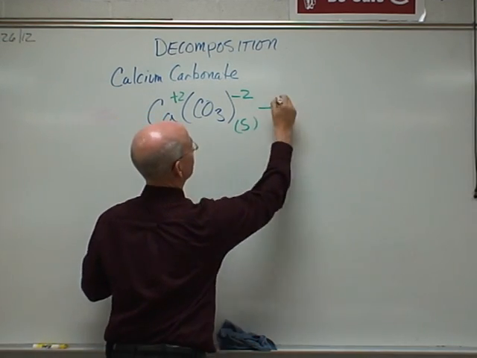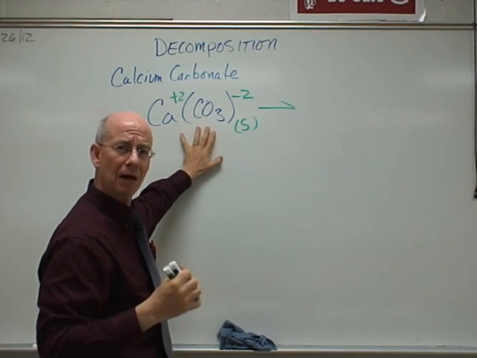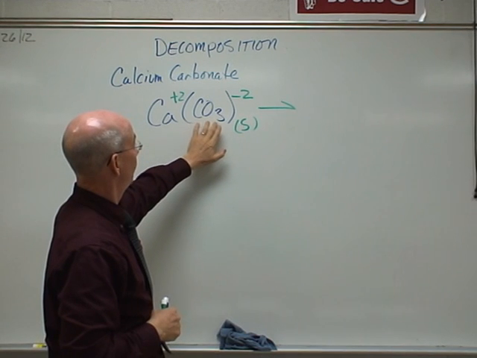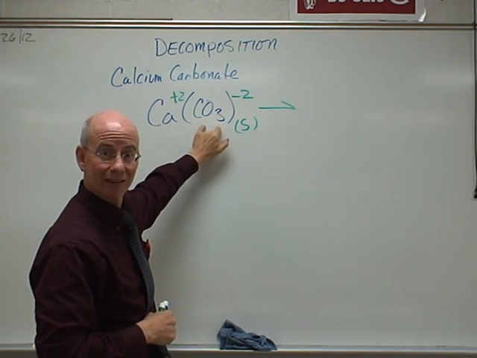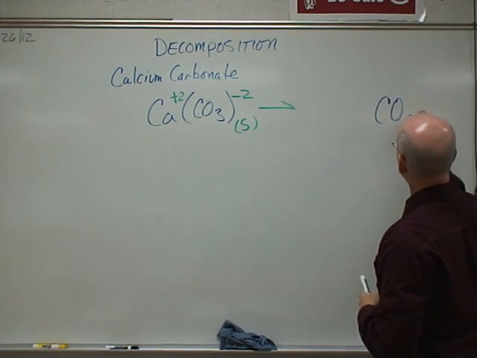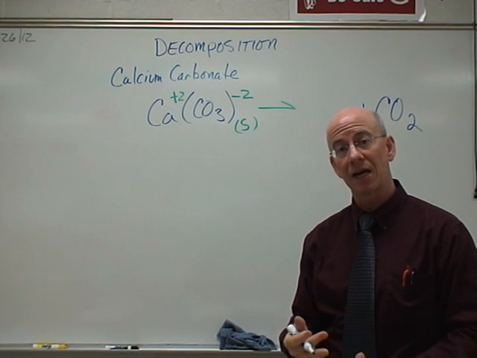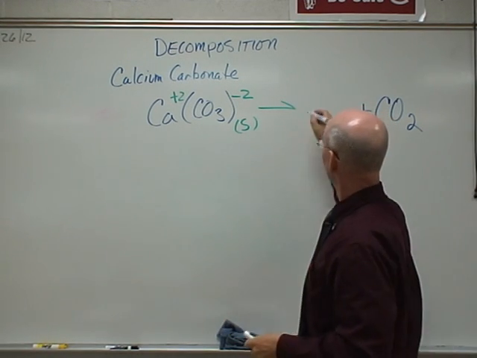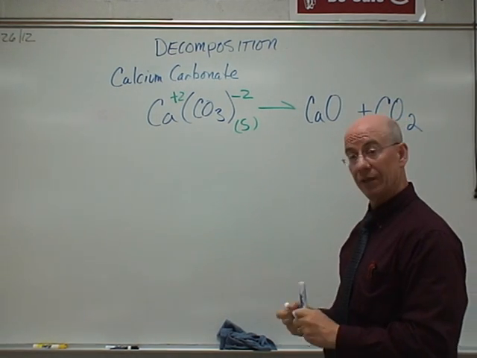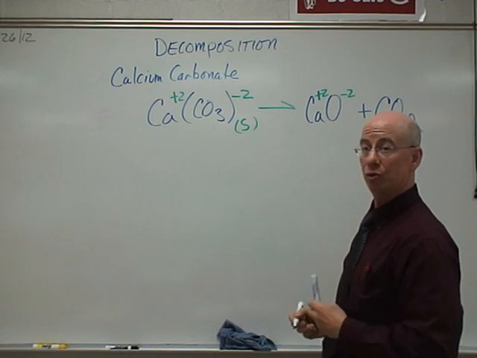So I look at that formula, and again, I ask myself, what common molecule is in there that if I split it up, it will come out? And hopefully you can recognize carbon dioxide is in there, what we breathe out. So let's put that over here. What's left over, like I said the last time, is normally going to be an oxide. So we have calcium and oxygen. We put in all the oxidation numbers, +2, -2.